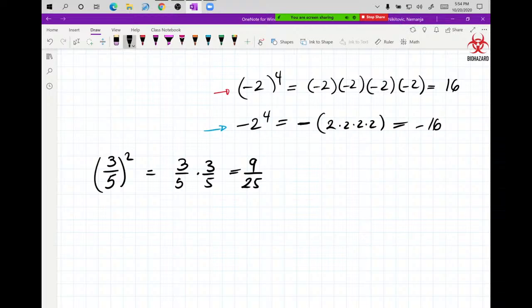So it's very easy to write this fraction twice and multiply the numbers, which is just going across. So 3 times 3 is 9, and 5 times 5 is 25. And then you move on. So if you have a fraction, you don't care. You can still compute, because the fraction can be written as 2 fractions, and then those 2 fractions would give you whatever answer you get.